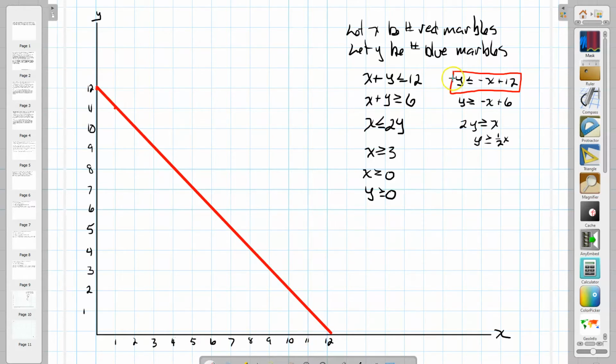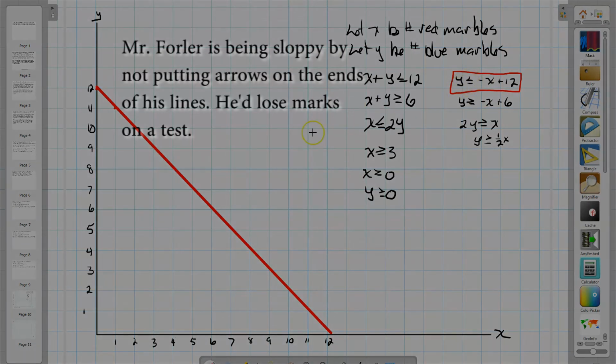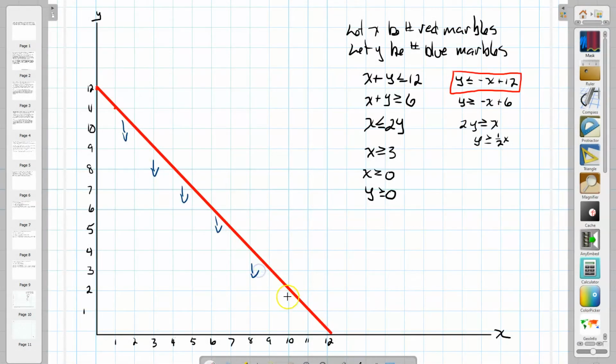Once we've graphed our line, we need to look at the inequality sign. We've got y less than or equal to, so we've got a solid line because it's potentially equal to. The less than sign indicates that the shading area is down below the line. That's the area that's possible given that constraint.